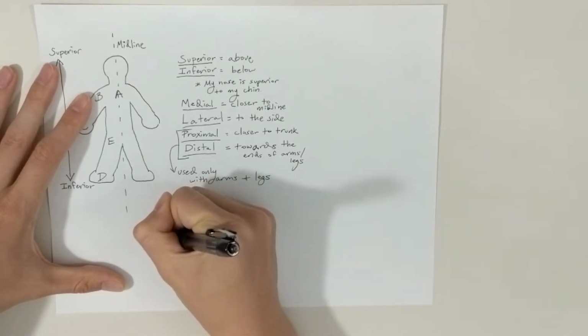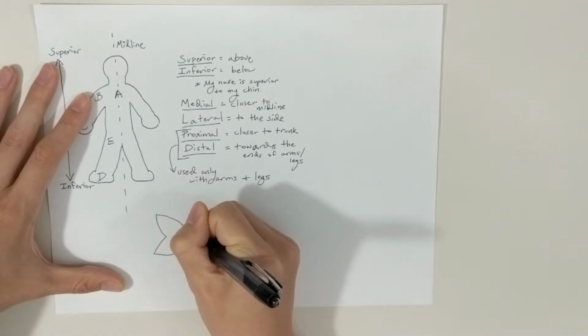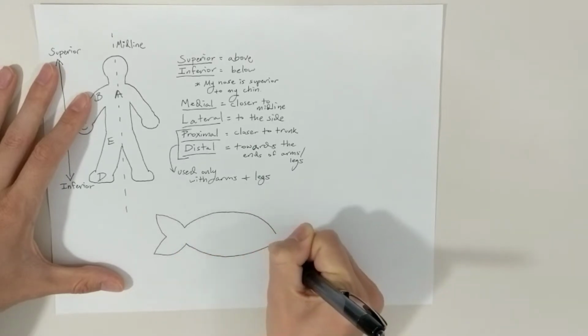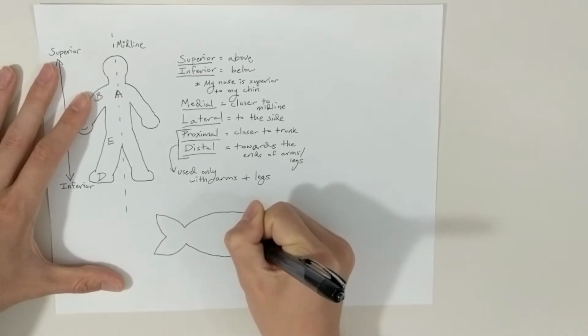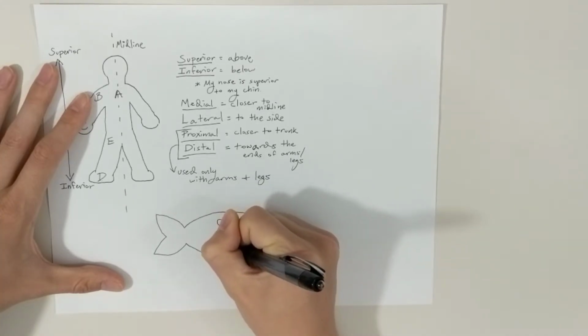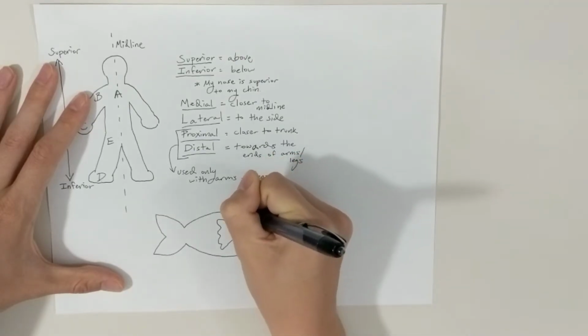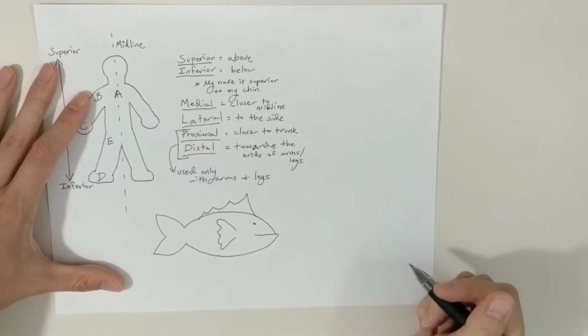Let's draw a fish. So longer in a horizontal direction. Give him a cool spiky ridge here. Okay, there's our fish.